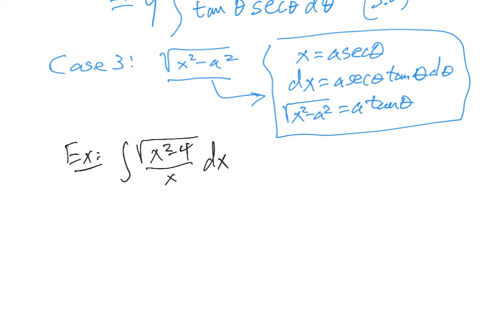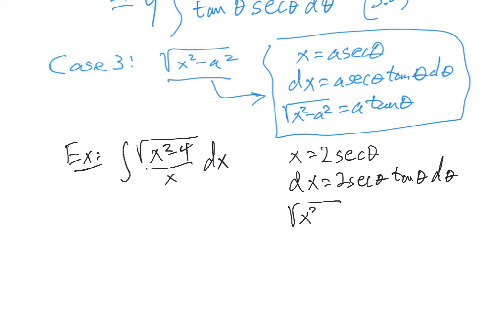We know no antiderivative, so we use our new method. We're going to replace x with 2 secant theta, which makes dx 2 secant theta tangent theta d theta. And it makes the radical square root of x squared minus 4 equal to 2 tangent theta.